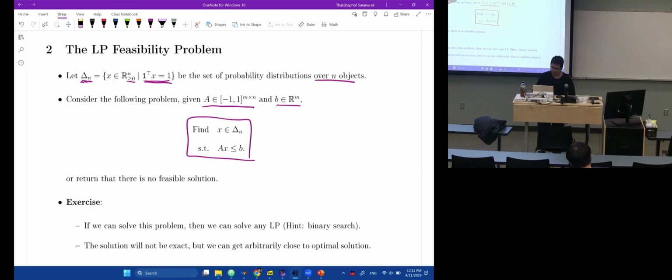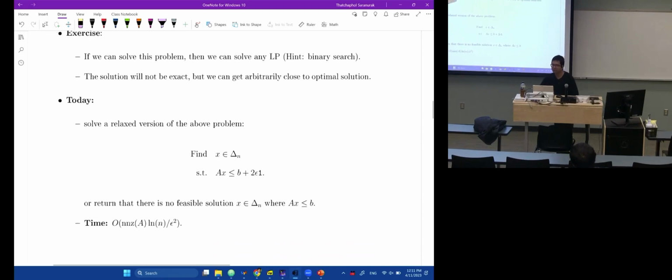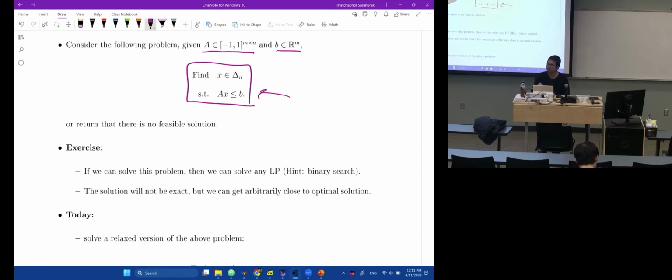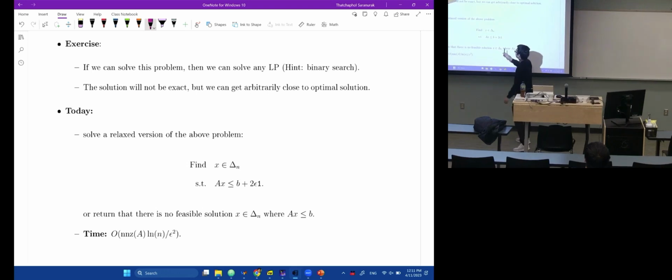Now what we're gonna do today is a relaxed version of this feasibility problem. I will find x that looks like a distribution such that it satisfies all the constraints up to some additive error, like xA is less than b plus epsilon times the all-ones vector.